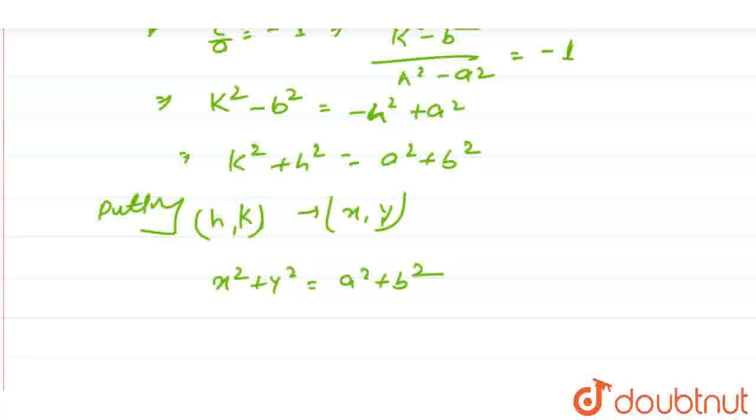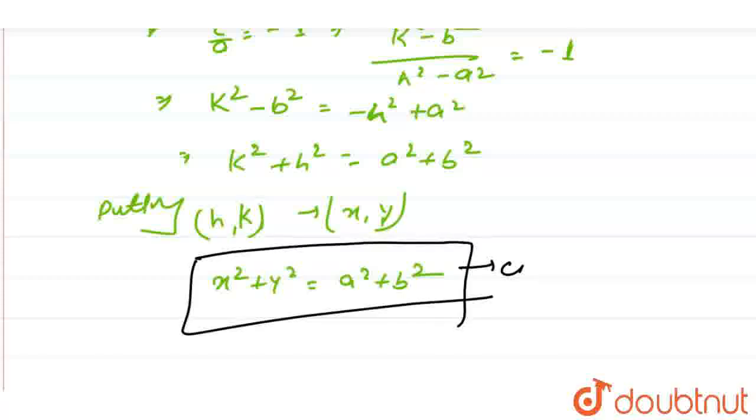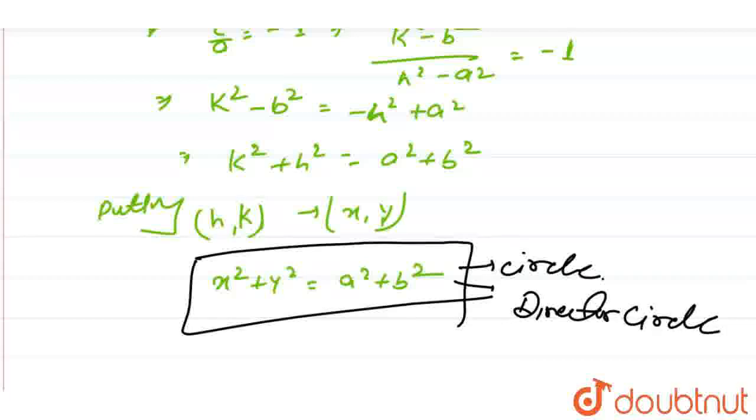Now you can simply see that it is the equation of a circle, and it is also called the equation of the director circle. So we can say that both statements are correct, and also statement B is the explanation of A. Okay, thank you.